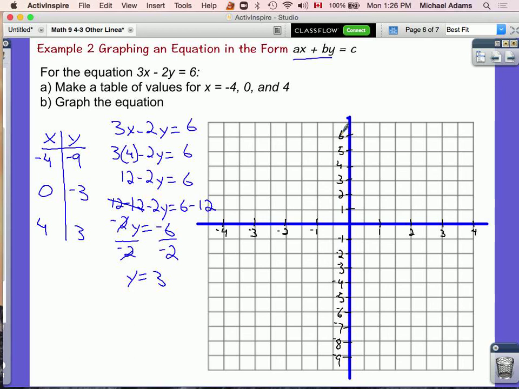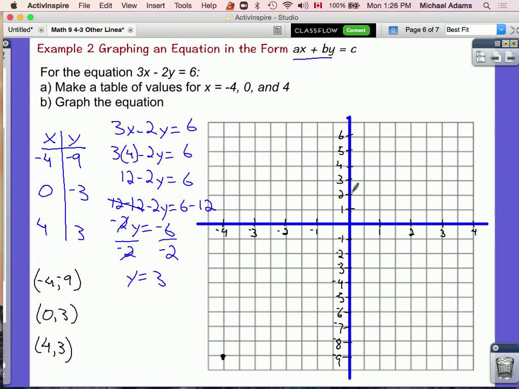Okay, so if I take a look at my table of values, my first ordered pair is -4 and 9, and then 0 and 3, and then my final ordered pair is going to be 4 and 3. Okay, so let's start. So I'm going to find -4 on the x-axis right there, and then 9, oops, right there, and then 0 and 3.